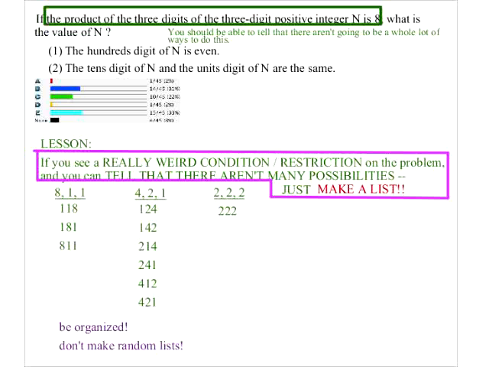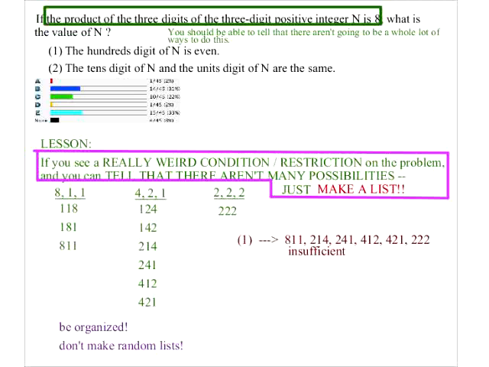Statement 1, the hundreds digit is even. That could be 811, it could be 412, 421, or 222. So that's insufficient. Actually, the 200s could work too, so you could also have 214 and 241. It's actually every single one of them except for 124 and 142.